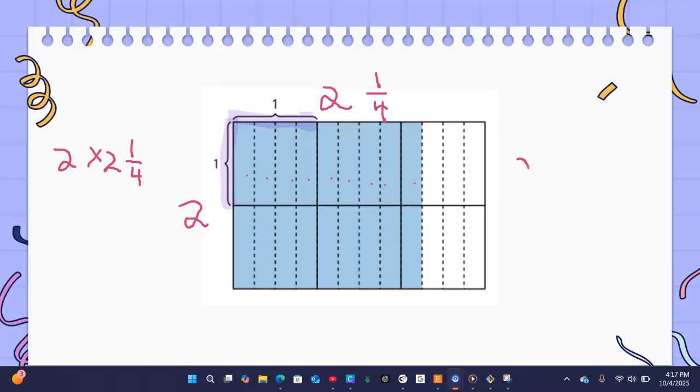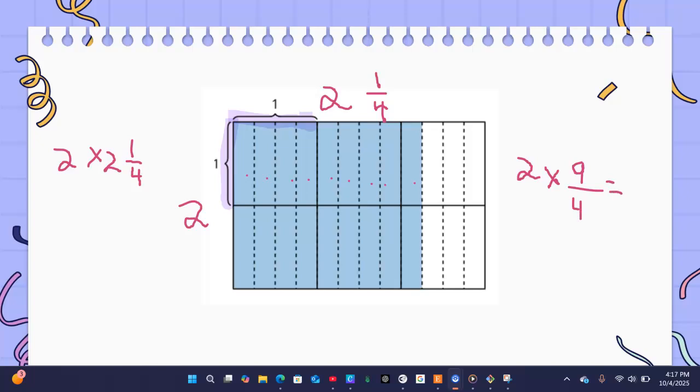And that would be fourths. That would be 2 wholes on this side times a total of 9 over 4 because it's partitioned into fourths.